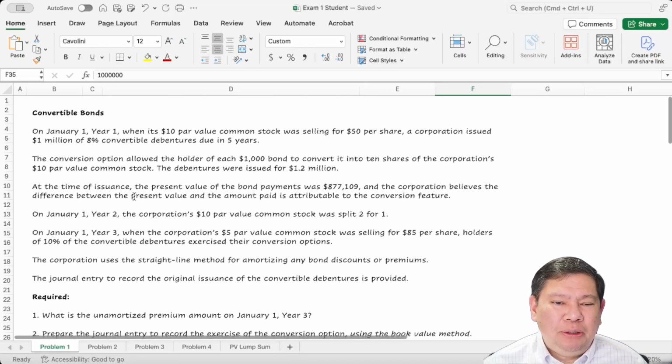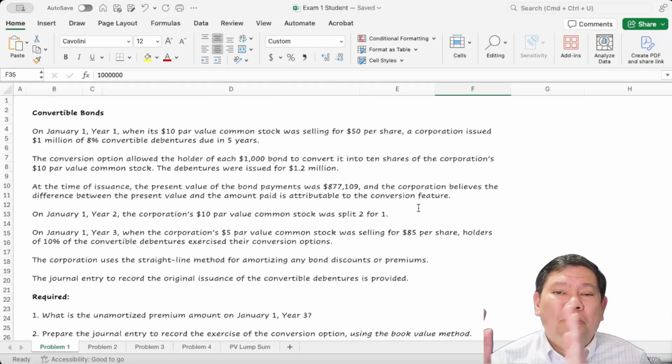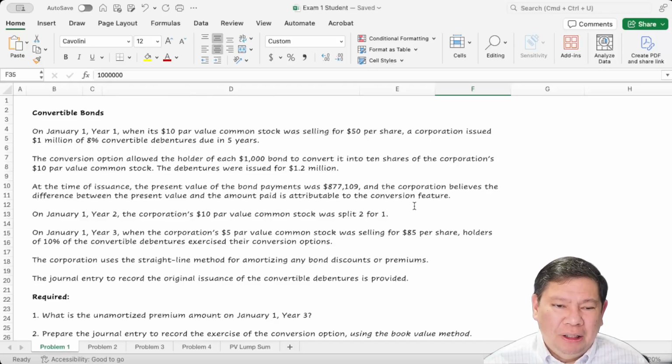At the time of the issuance, the present value of the bond payment was only $877,109 at discount. So the difference between 1.2 million and 877,109 is believed to be part of the conversion feature of the bonds.